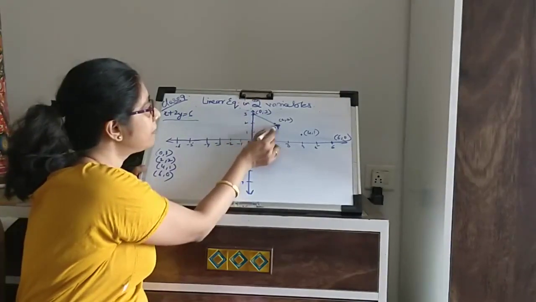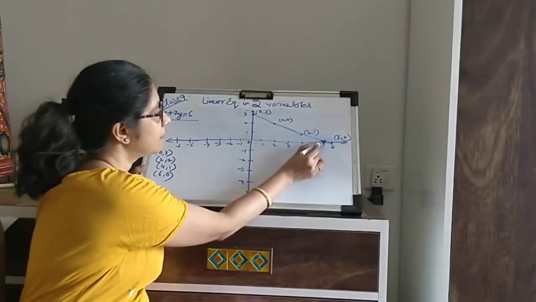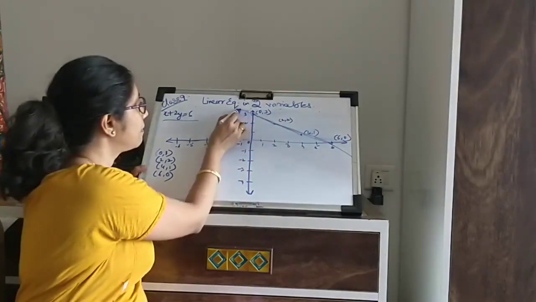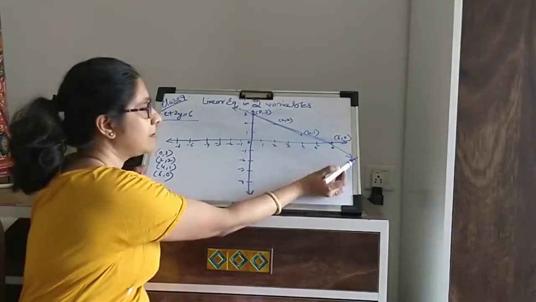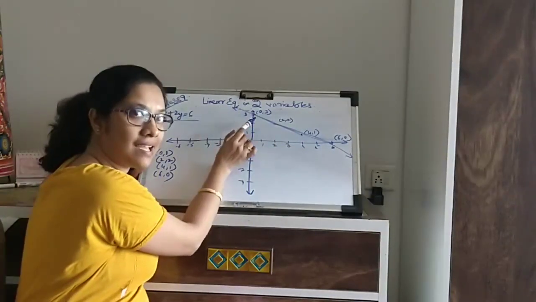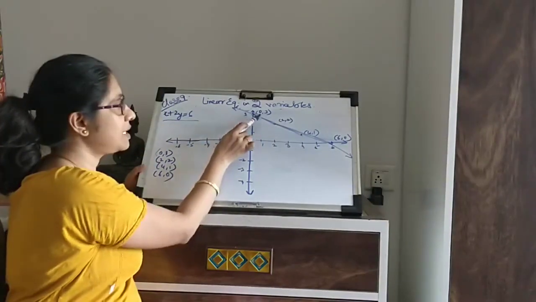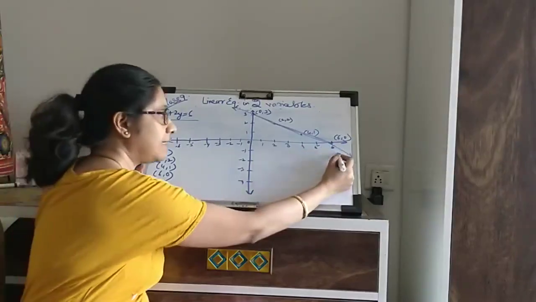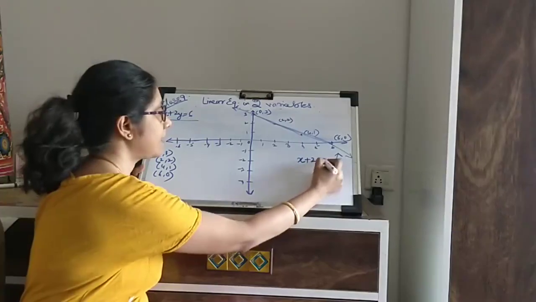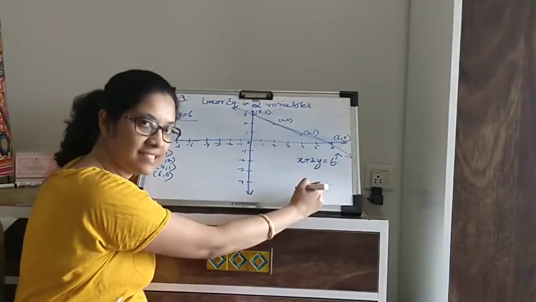So here we have. Sorry for this drawing. I have a very bad drawing. So what do we get? If we join all the 4 points, I get a straight line, right? I get a straight line passing through these 4 points, and this is the line which actually represents the equation x plus 2y equals 6 on your Cartesian plane.